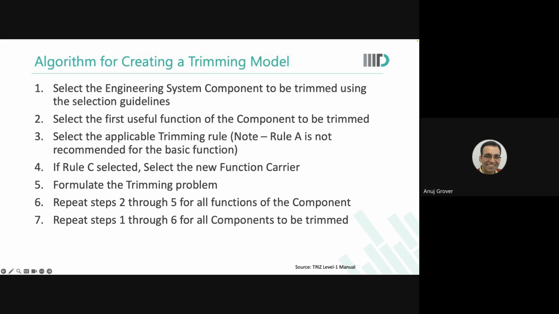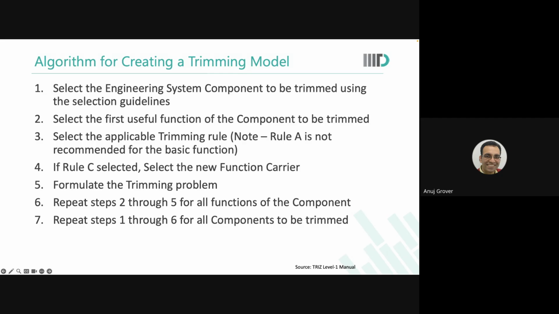Now, the algorithm of creating a trimming model. Select the engineering system component to be trimmed using the selection guidelines that we just saw. Then select the first useful function of the component to be trimmed. Select the applicable trimming rule. Now, obviously, rule A cannot be applied on basic functions.